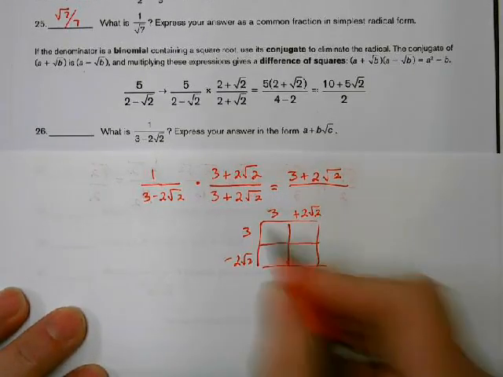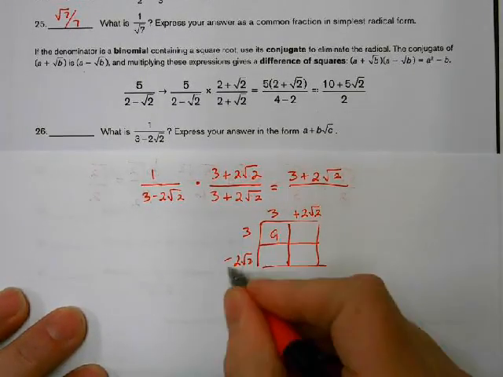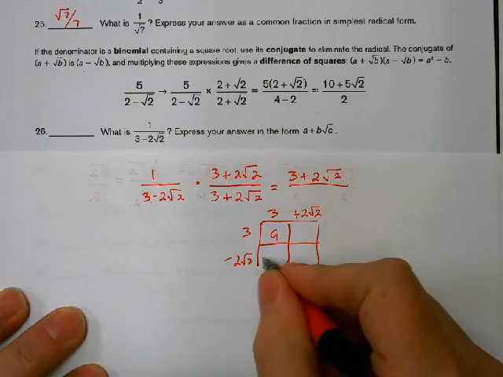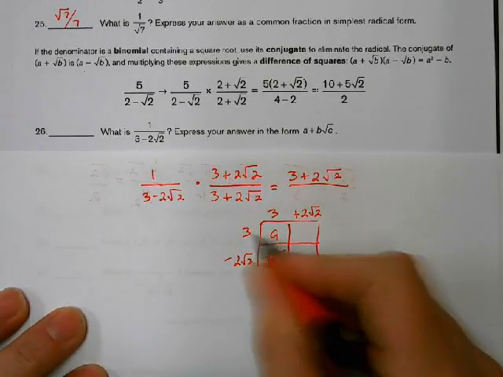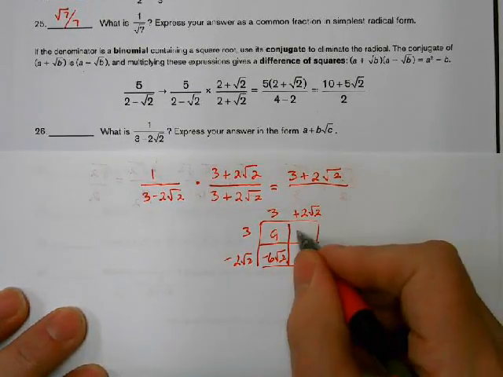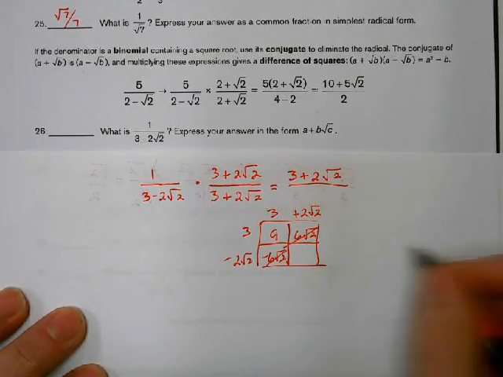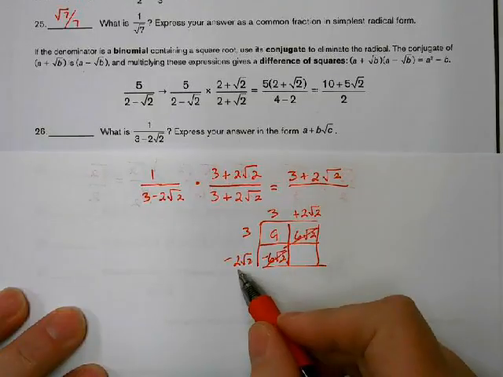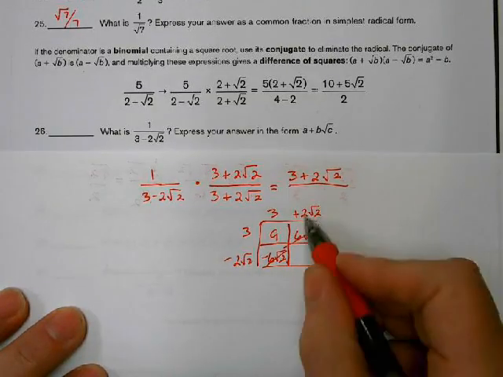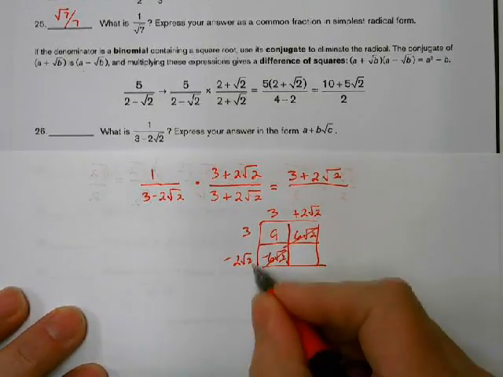So 3 times 3 is 9. 3 times negative 2 root 2 is negative 6 root 2. 3 times positive 2 root 2 is 6 root 2. And you can see these are canceling each other out. And then 2 root 2 times 2 root 2. Okay, so 2 times 2 is 4. Root 2 times root 2 is 2.